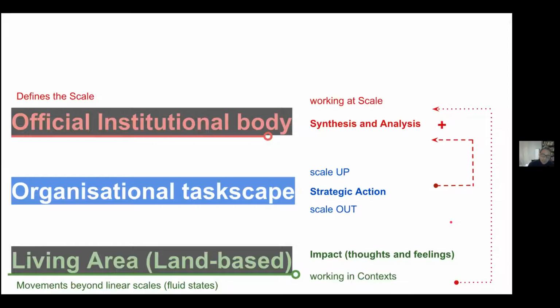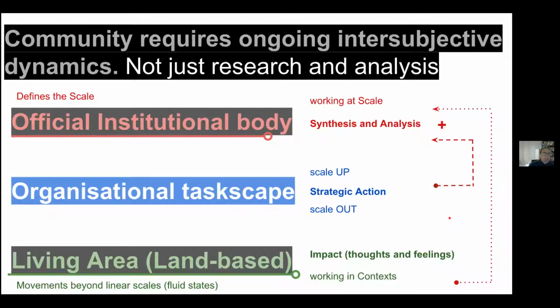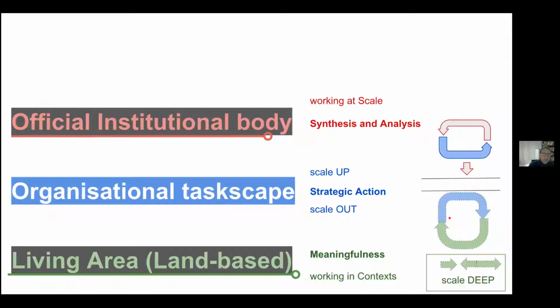Now, there's some big problems here because the community requires us, or we require, to know what's actually going on in this deeper scale down here, so that we're not just having someone extract what's going on, but how can they go into what's actually happening with the relationship with the people in the organizations who are actually going out and being with the community in the safe houses, in all of these places.